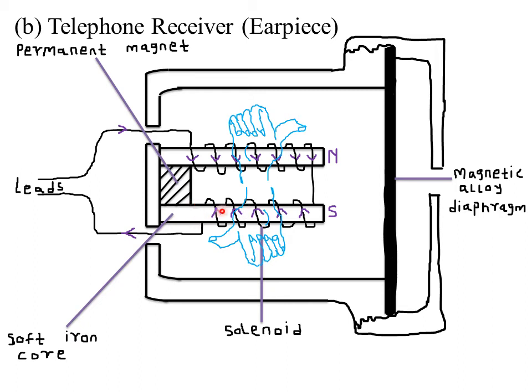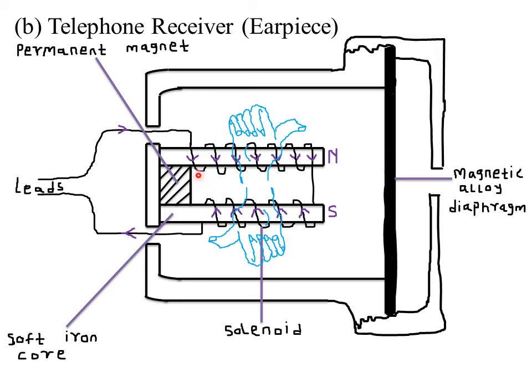Now, whenever we have a conductor with a current in it, remember we said that a conductor carrying a current experiences a magnetic field. And remember, we also have a permanent magnet here. So we have the magnetic field of the permanent magnet, and the magnetic field of the current carrying conductor.